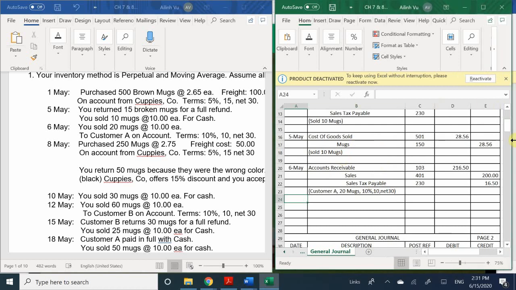Inventory is affected. So we've got cost of goods sold. Now let me go May 6th. Cost of goods sold and mugs. Oops, I put COGS for short.